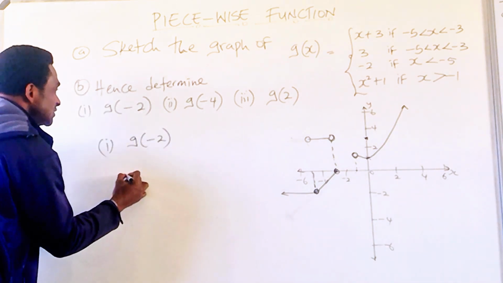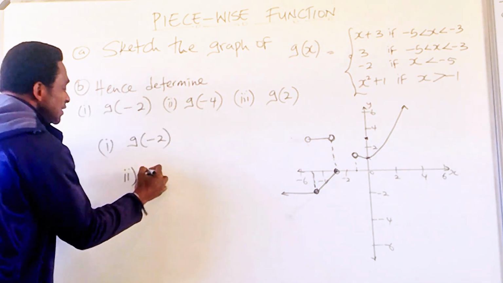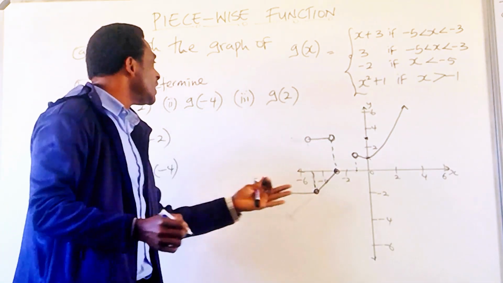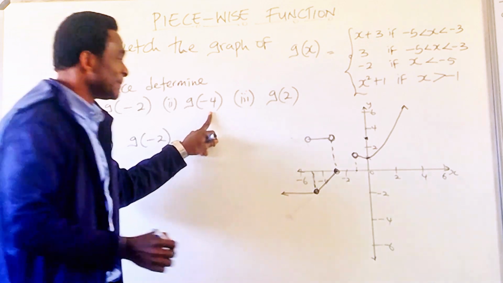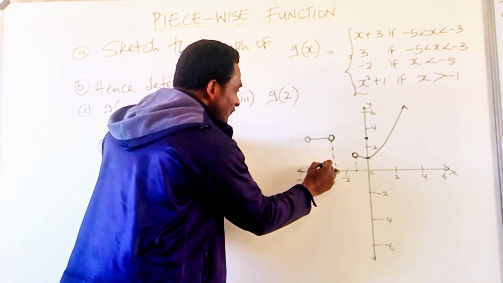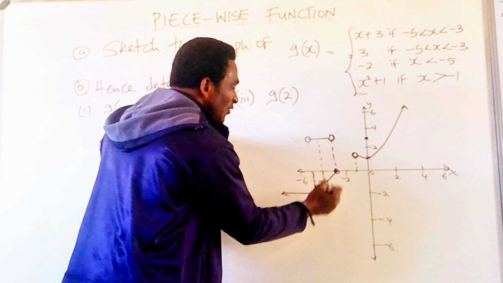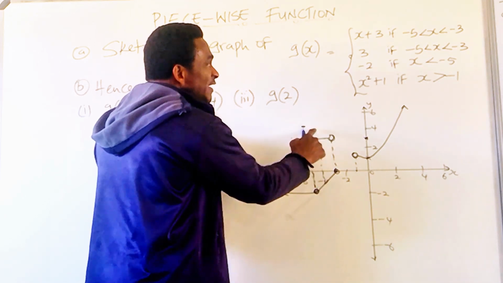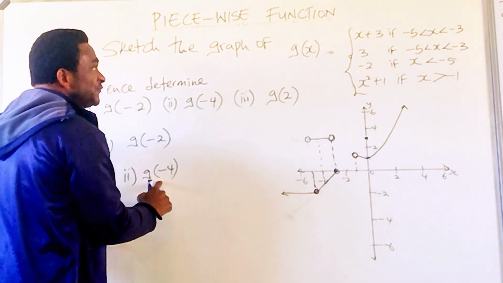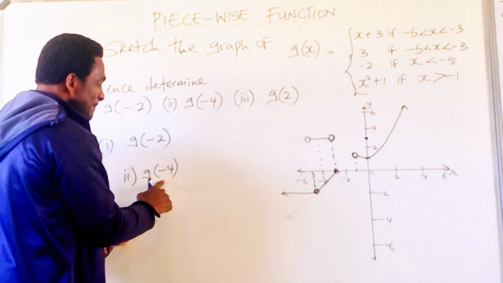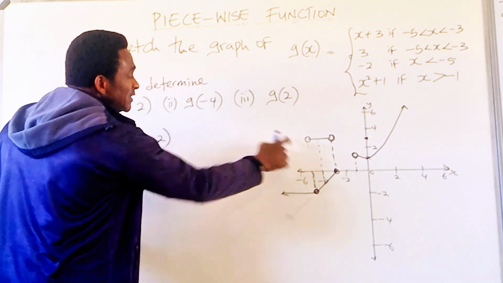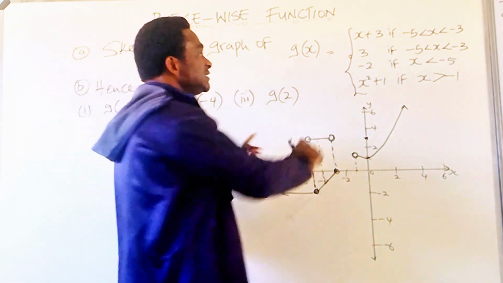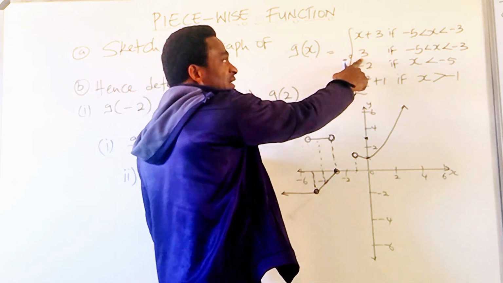Let's go to the second one, g of negative 4. On these graphs, when will x be negative 4? Let's look at this. x is negative 4 here and here. It touches two graphs. For the first one, y is equal to 3, because that is the horizontal graph for 3.